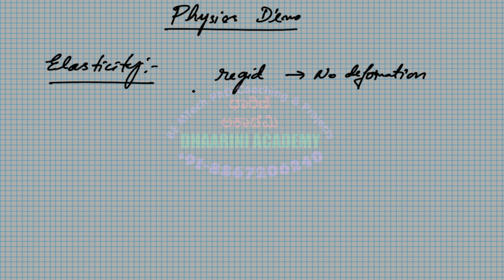We can categorize materials based on several things, such as conductivity: conductor, non-conductor, semiconductor, etc. Now we are not classifying in that way. We are classifying materials based on the elastic property. Elastic property, in the sense, what happens when I apply force. In that, the first case is called a rigid object.